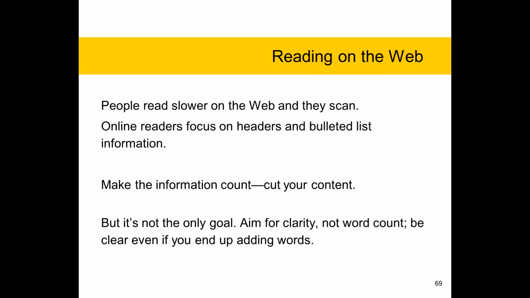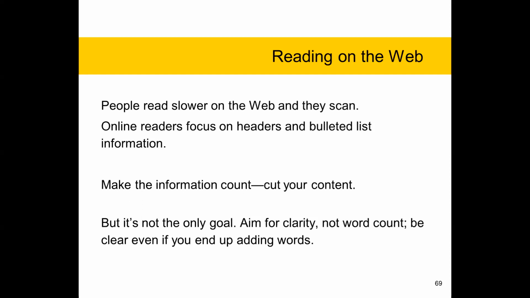People read slower on the web, and as I said, they scan, and as we've seen, people are doing that offline as well. It's important to make your information count. Obviously, the fewer words, the more they will see if they're scanning.